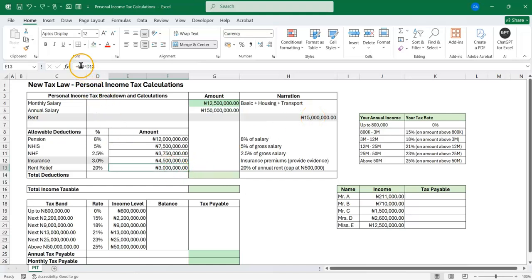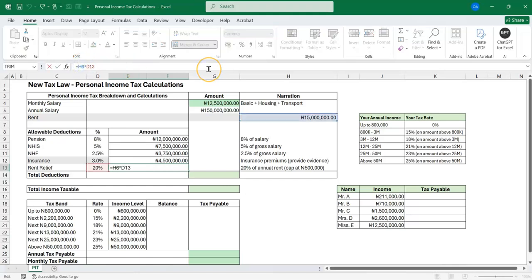So I'll come here and use an IF statement, saying that if this formula, H6 times this 13, is greater than 500,000, now what I want to do, if the value is true, I want Excel to return 500,000. That is the maximum relief she can claim.